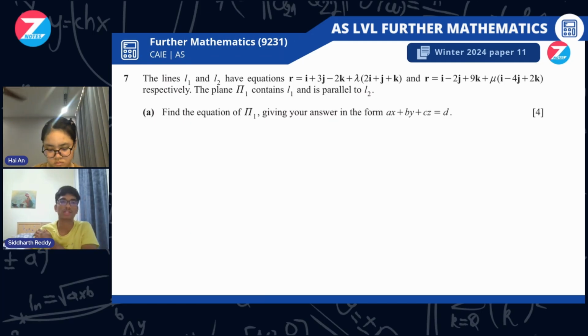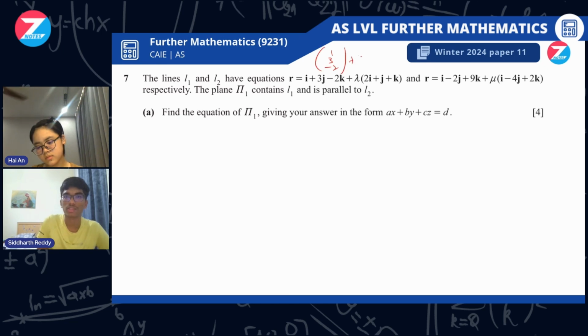Okay, so let's move to the last question. The lines L1 and L2 have equations r is equal to (1, 3, minus 2) plus lambda of... okay, I can't draw that for some reason, so I'll just move it down.